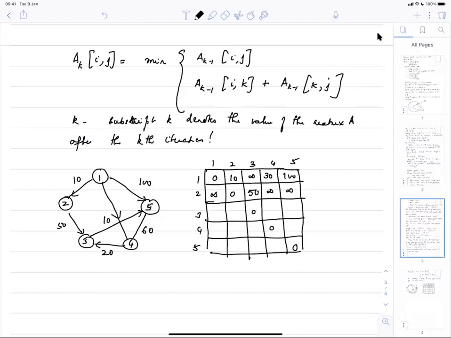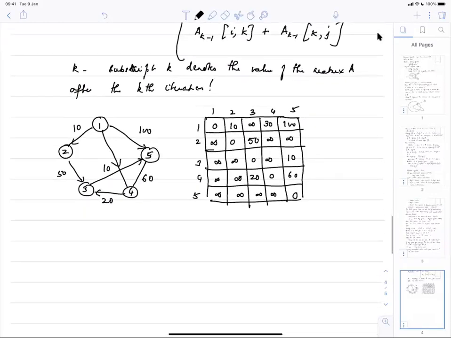Row 3 has a path to 5 of 10, all others are infinite. Then we have row 4: infinite, infinite, 20, 0, 60. And 5 has no paths. So this is your initial matrix.